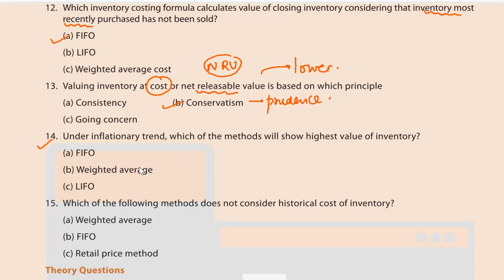Question 14. Under inflationary trend, which of the methods will show highest value of inventory?